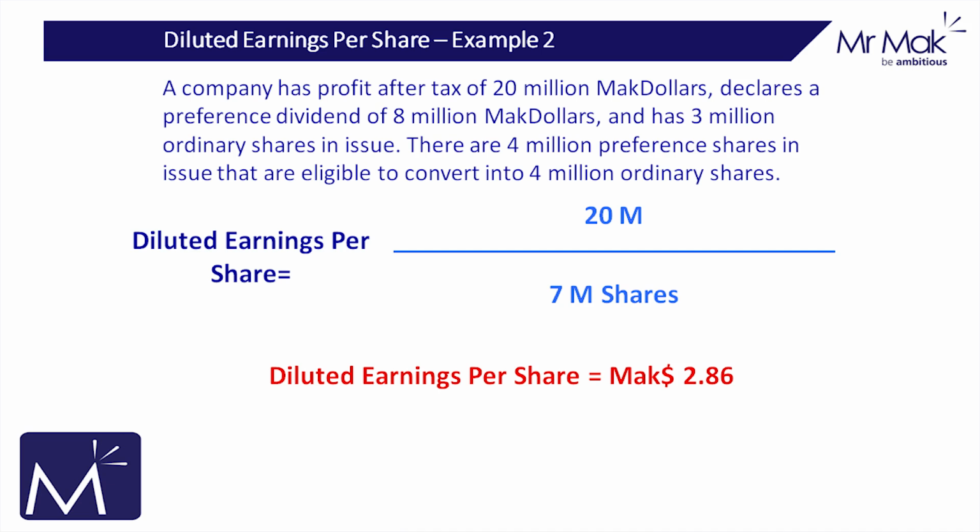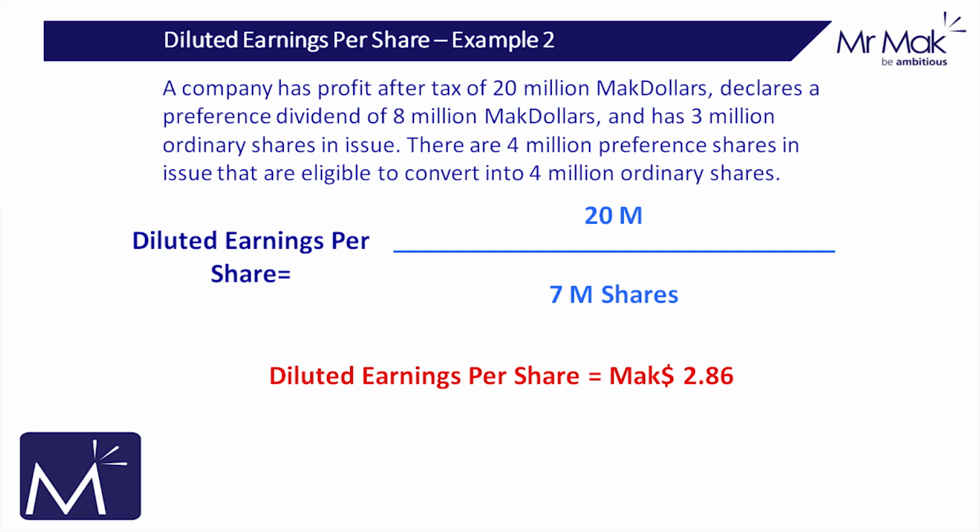Now, because we are assuming the preference shares will convert into ordinary shares, we would no longer deduct the preference dividend, as this would be double counting. We would then divide this 20 million by the 3 million ordinary shares in issue plus an additional 4 million ordinary shares that are eligible to arise in the event that the 4 million preference shares are converted into ordinary shares.